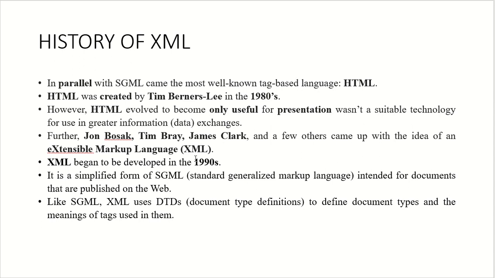So after that, in the 1990s, John Bosak, Tim Bray, James Clark, and a few others came up with the idea of XML. XML is a simplified form of SGML and uses DTDs to define document types and meanings of tags used in them.